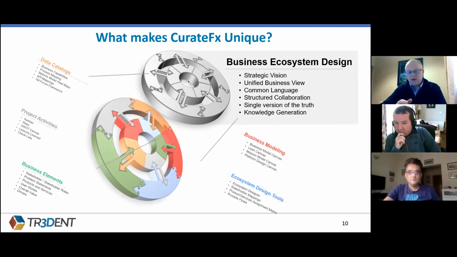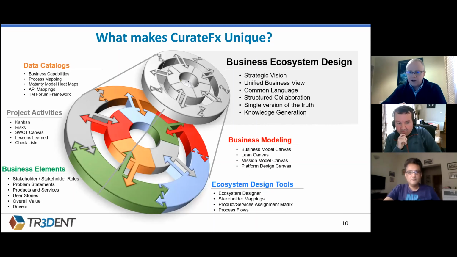But underpinning this, you've got a range of capabilities or features within the product that enable you to do what you want to do with the project and to define what's required. And those range from data catalog type information, whether it's maturity model information or APIs or process frameworks or TM Forum frameworks, down to things like Kanbans to track activities, to ecosystem views, to business models, to different versions of canvases.